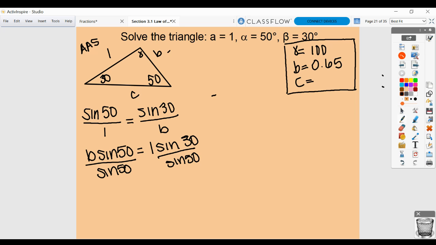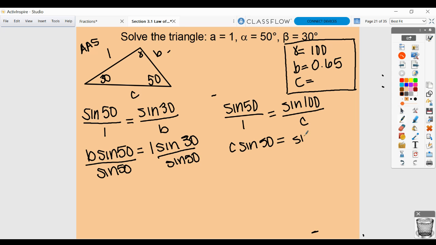Okay, now we need to find side C. So again, we have our match of sine of 50 over 1 and sine of 100 over C. Cross multiply. And divide.